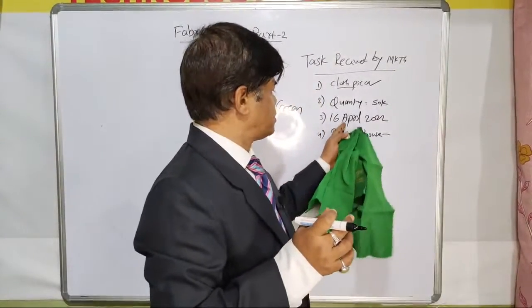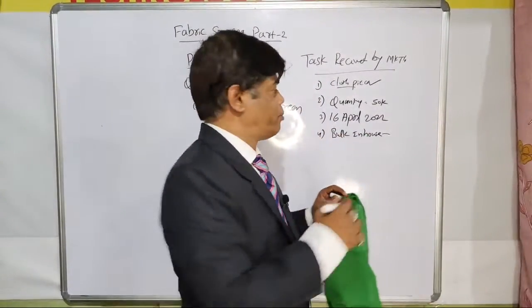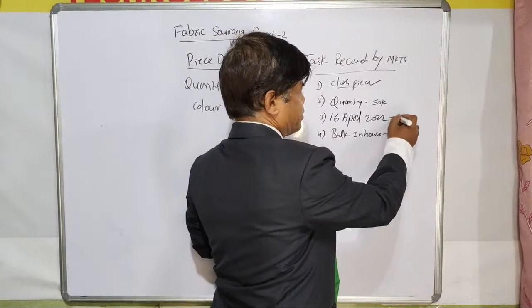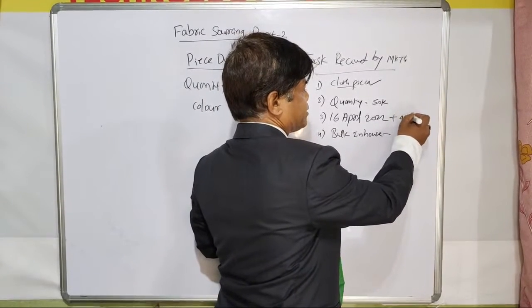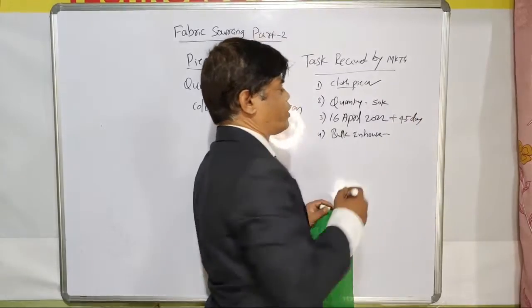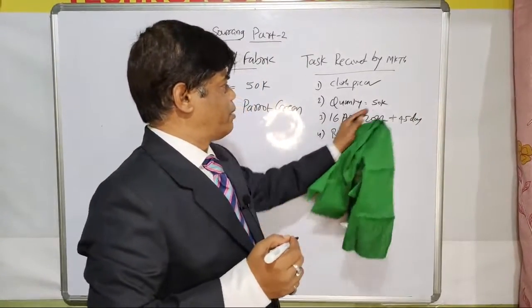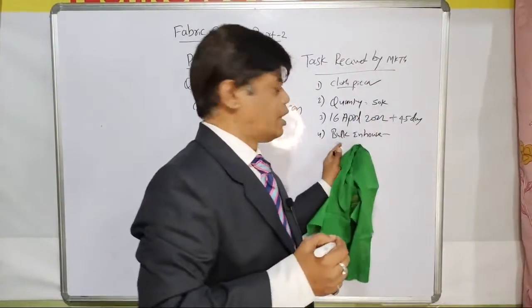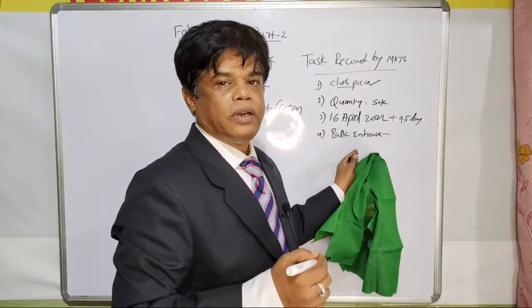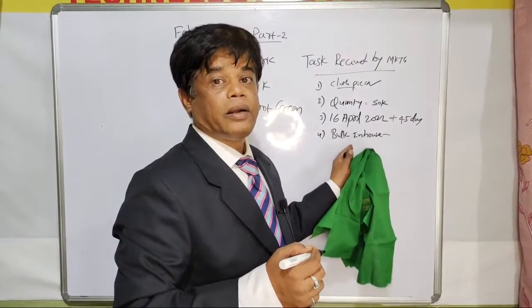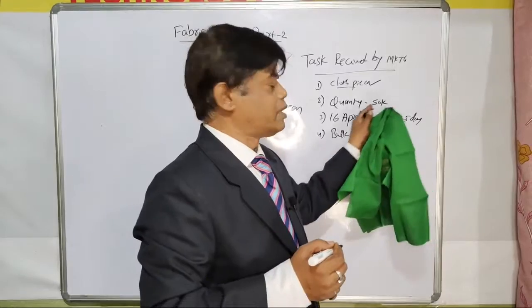Now, 16 April plus 45 days: after 45 days, the bulk fabric, 50,000 meters, should be in our garment company warehouse.